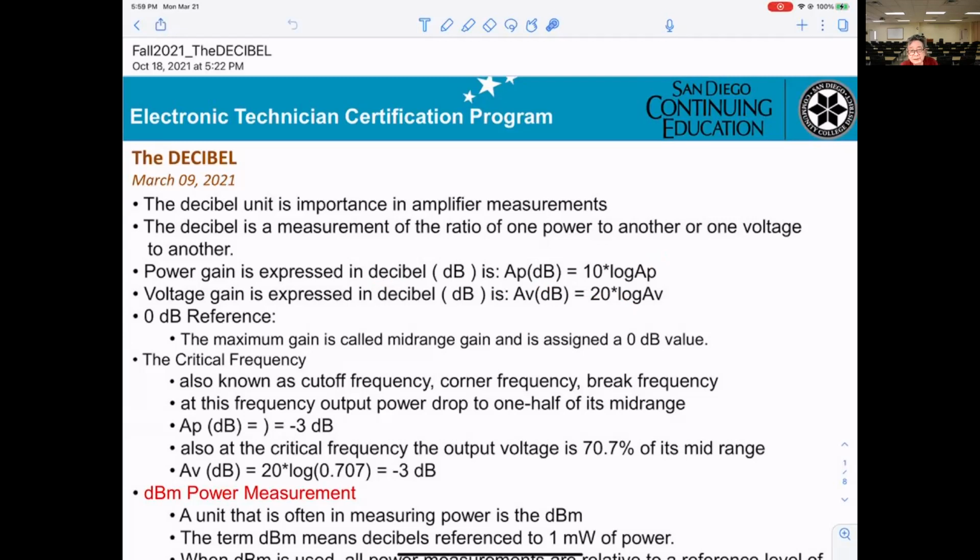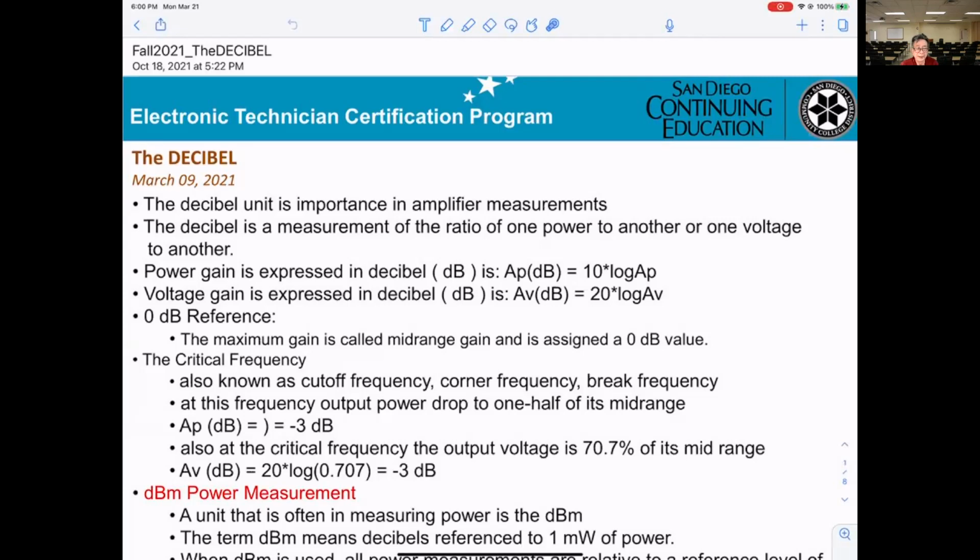Voltage gain means V_L divided by V_E. Power gain is P_L divided by P_E. And the current gain formula is the same as the voltage gain, that means A_I dB equals 20 log of A_I.